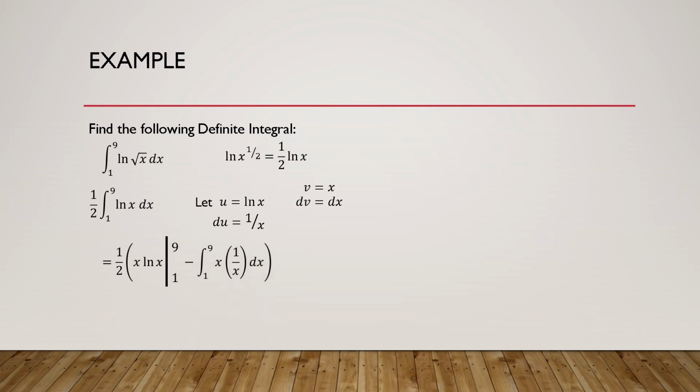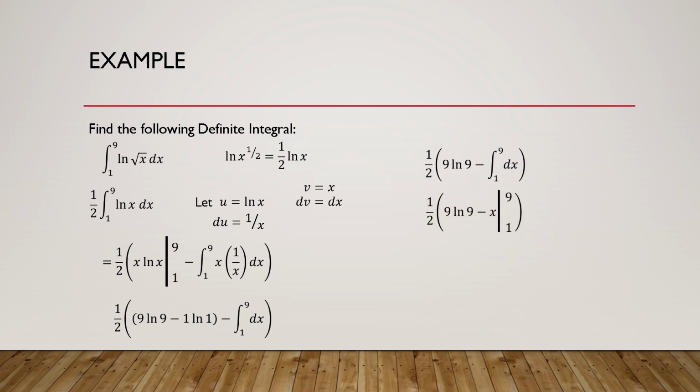When we apply our equation with the new values, we get 1/2 times the quantity of x natural log of x evaluated from 1 to 9, minus the integral from 1 to 9 of x times 1 over x dx. This gives us 1/2 the quantity of 9 natural log of 9 minus 1 natural log of 1, minus the simplified integral from 1 to 9 dx. The natural log of 1 is 0, so that term can be removed, leaving us 1/2 times the quantity of 9 natural log of 9 minus the integral from 1 to 9 dx.